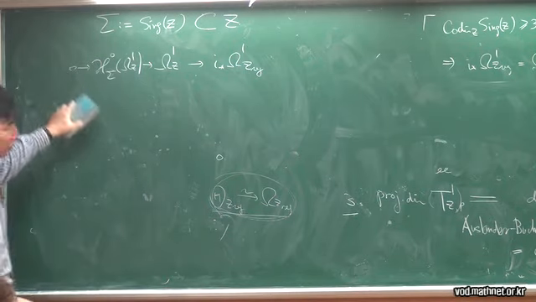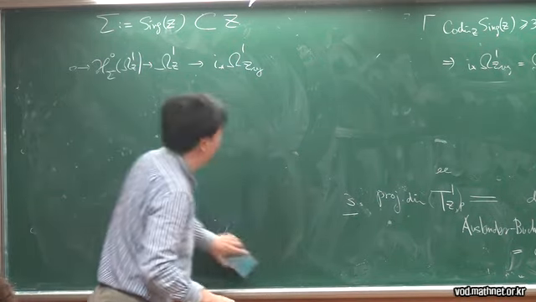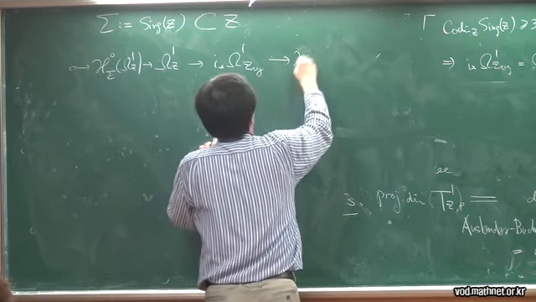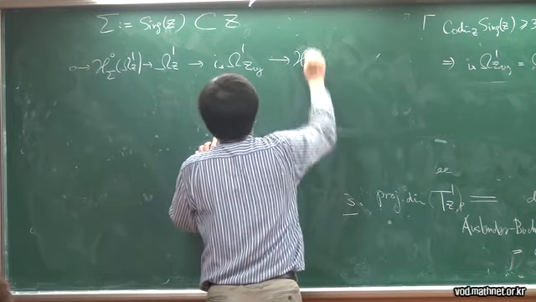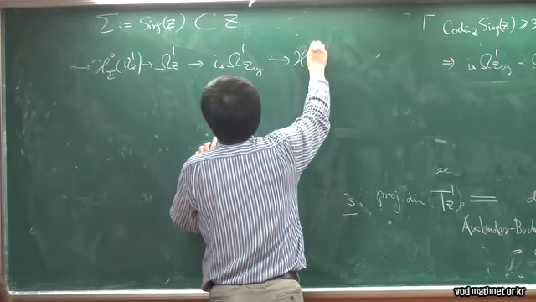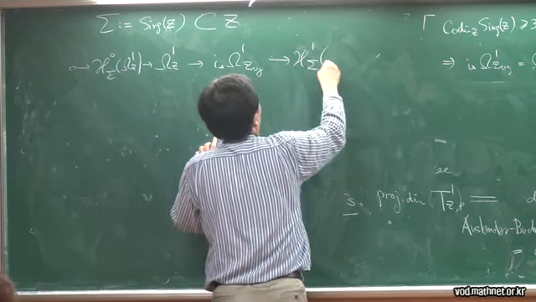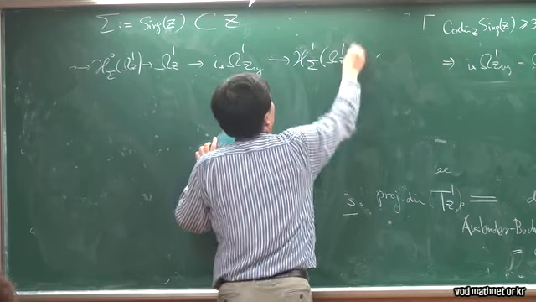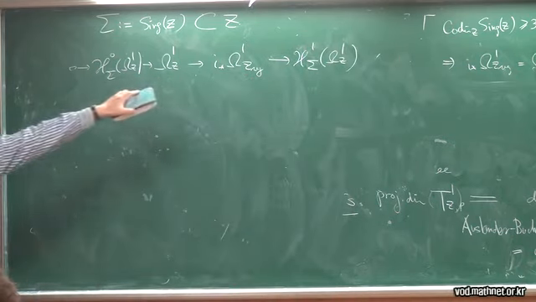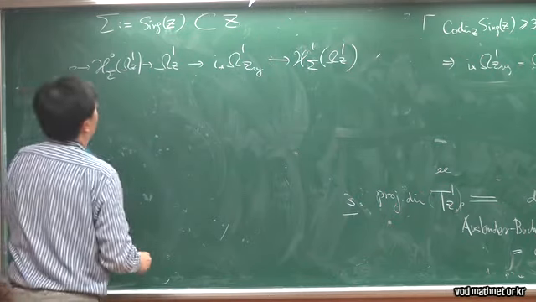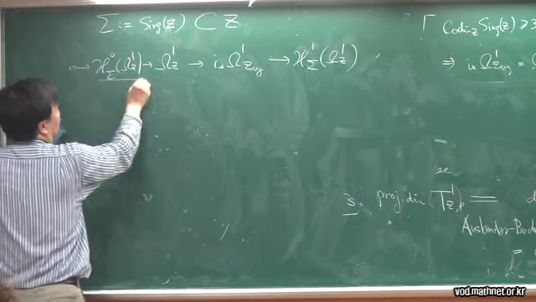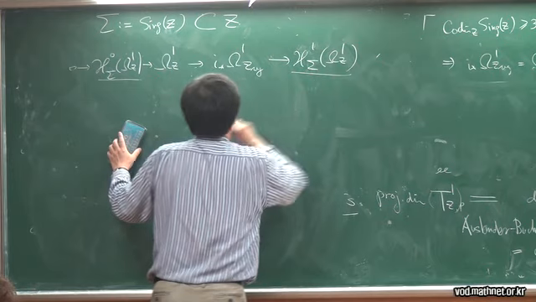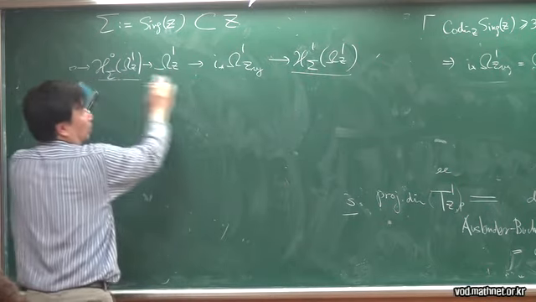This is the sheafification of the local cohomology exact sequence. This is H_sigma^1 of omega_Z. We have the following. But I want to show this vanishes. So I want to show this vanishes.